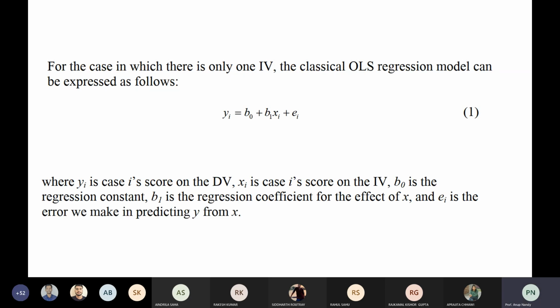Now, yi is the ith score on the dependent variable, which is to be computed. I'll take one example so that it will be clearer to all of you.